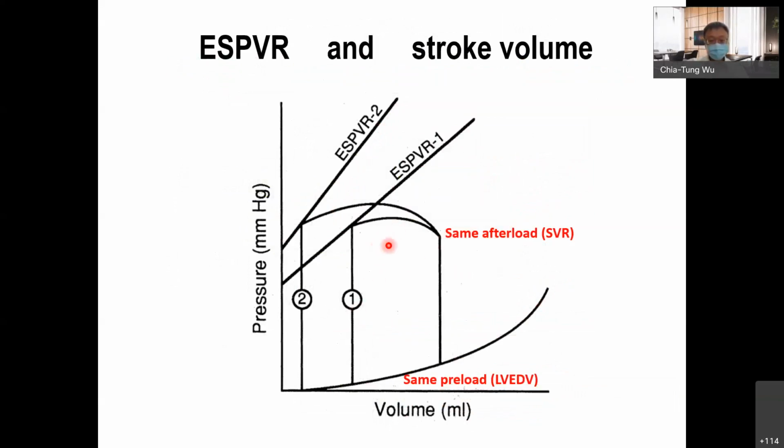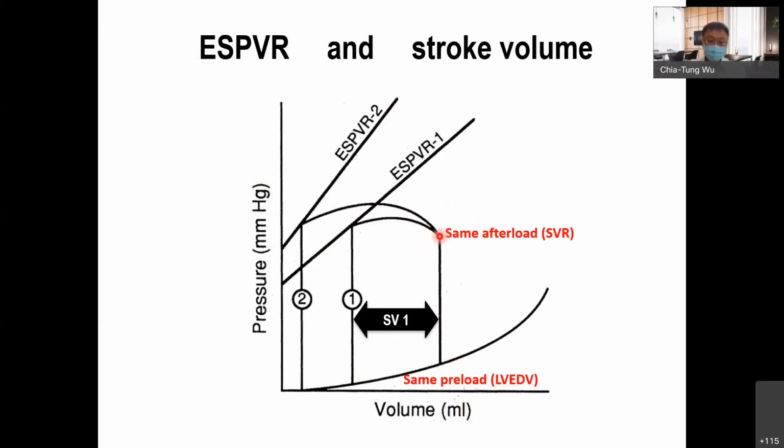So there are two pressure volume loops, loop 1 and loop 2. Loop 1 is our resting status, and this is the stroke volume of loop 1, with the same preload at this point and the same afterload at this point.